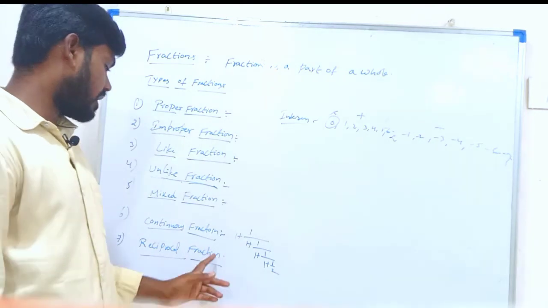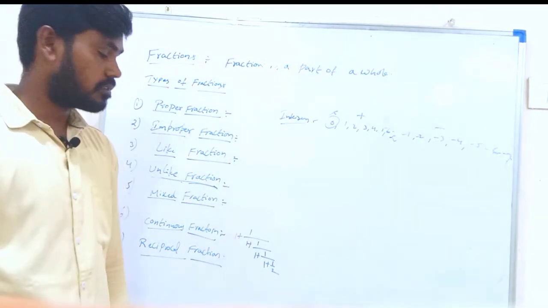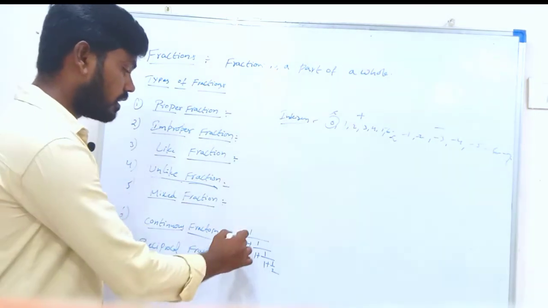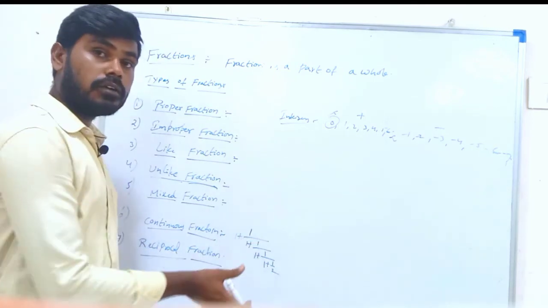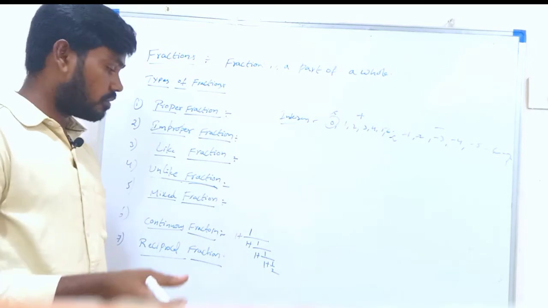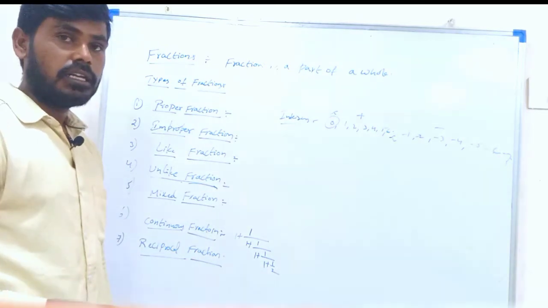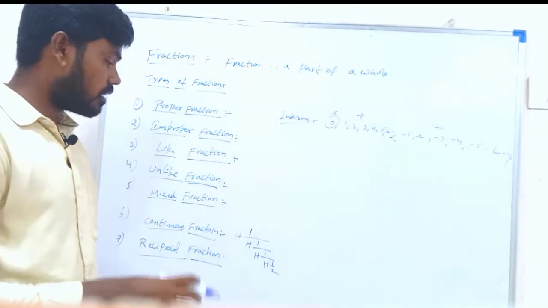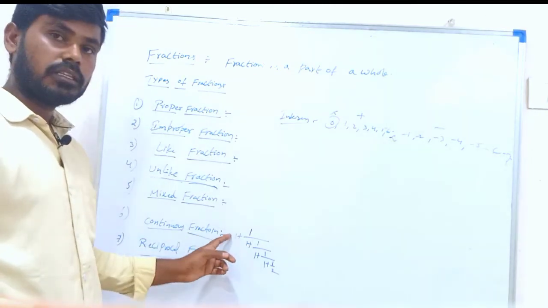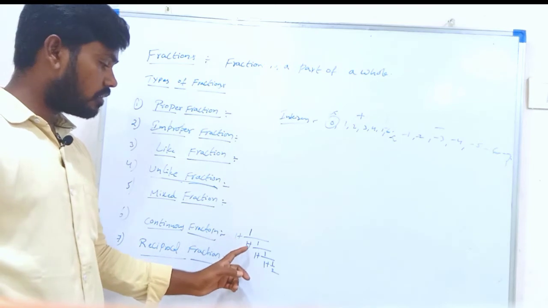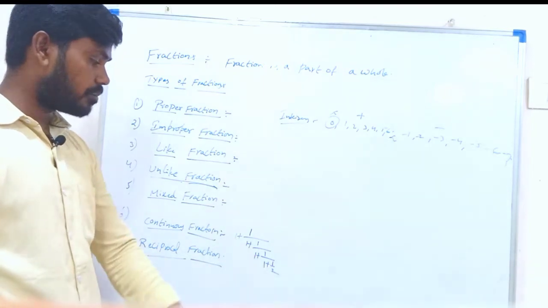It is known as a continued fraction. Number of fractions exist within the same fraction. This was continued up to 4 denominators.